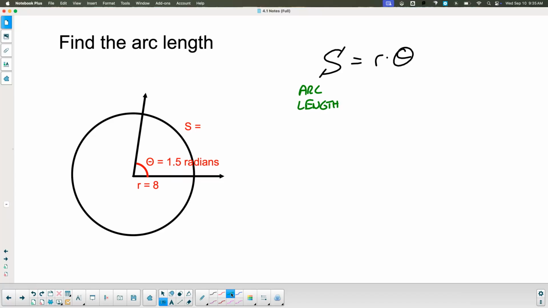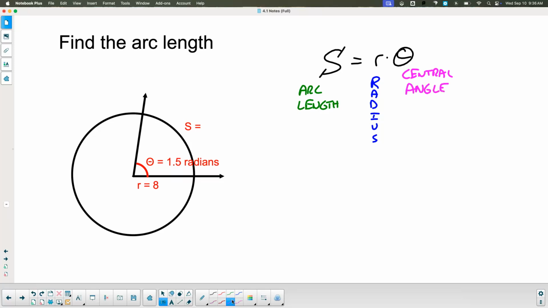R is the radius. And theta is the central angle.